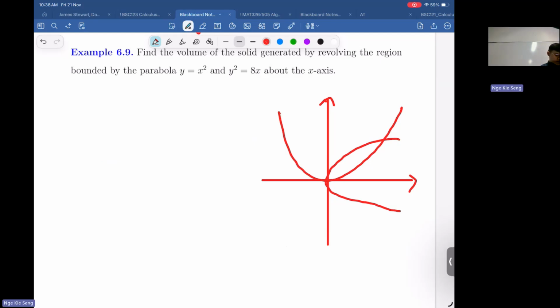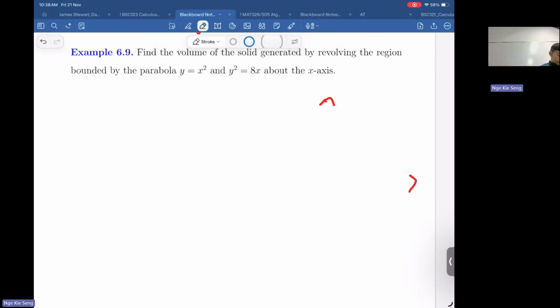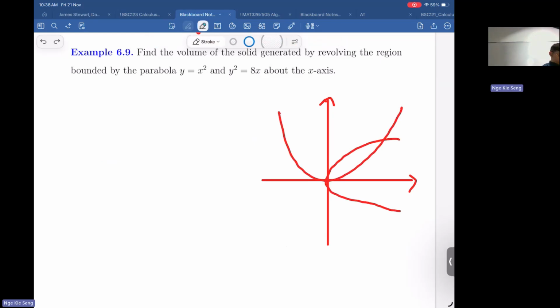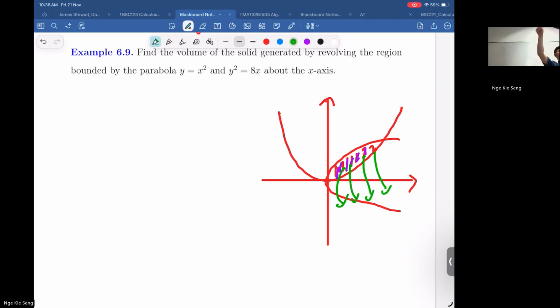So the region bounded by them is this leaf-like region here. You are going to revolve this. Imagine the leaf here. So how do we do this?